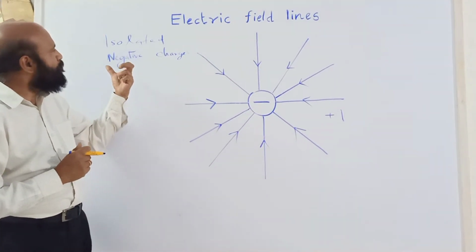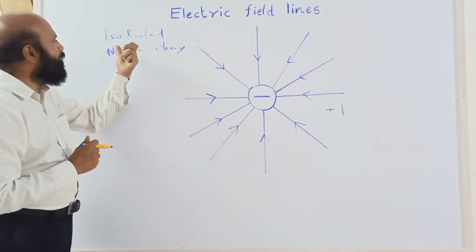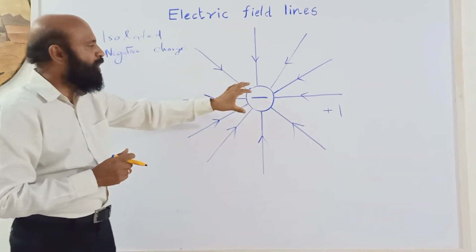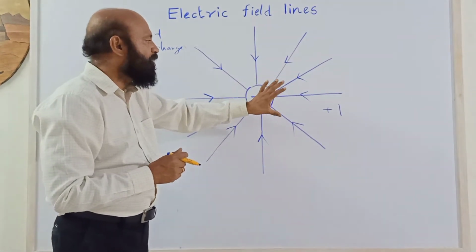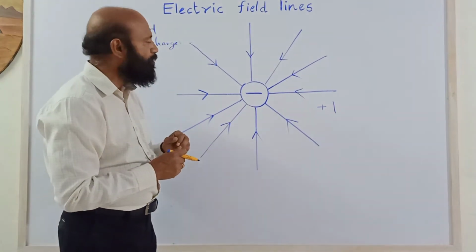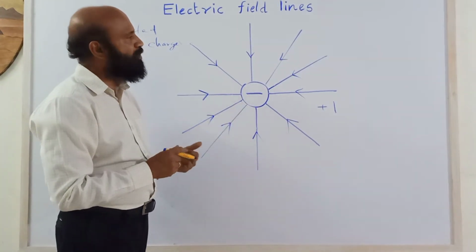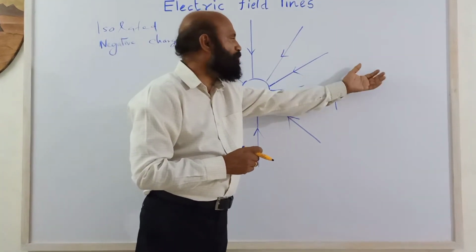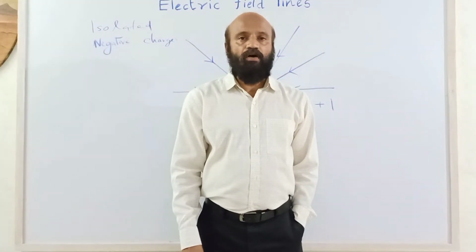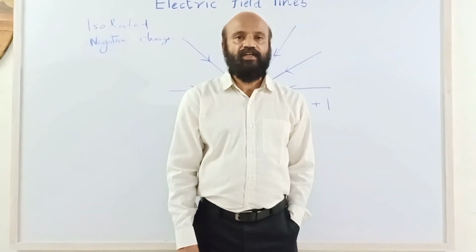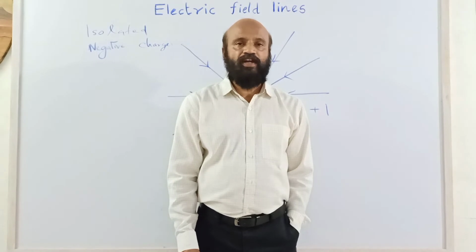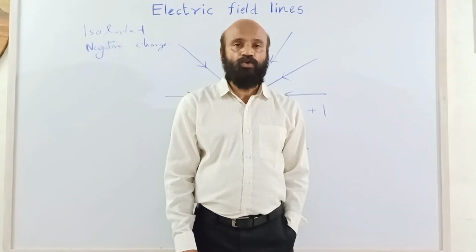Now we completed the field near a positive charge and negative charge. For a positive charge, field lines are directed away and it will start from the positive charge and end at infinity. For a negative charge, it will start from infinity but it will end at the charge. The first rule to draw electric field lines is for an isolated positive charge, electric field lines are radially outward.